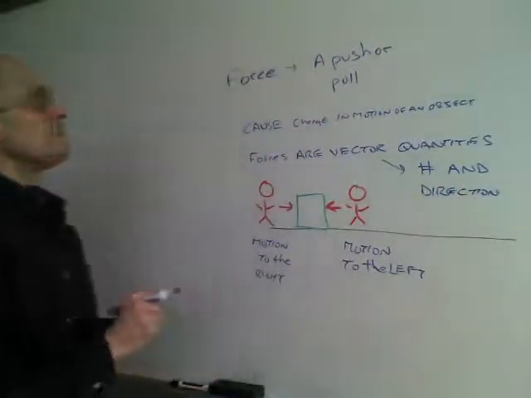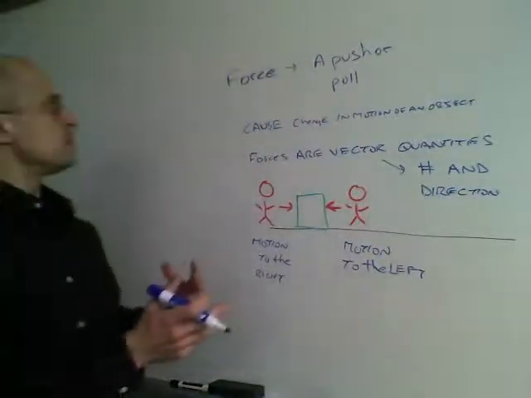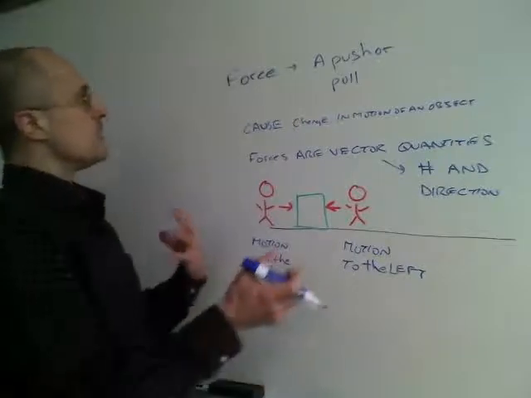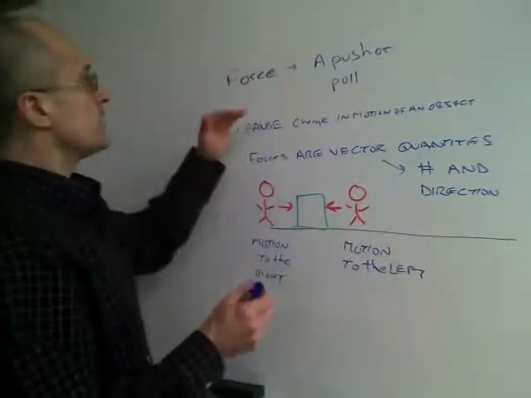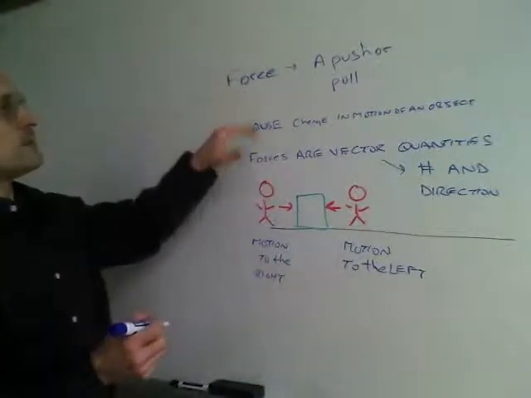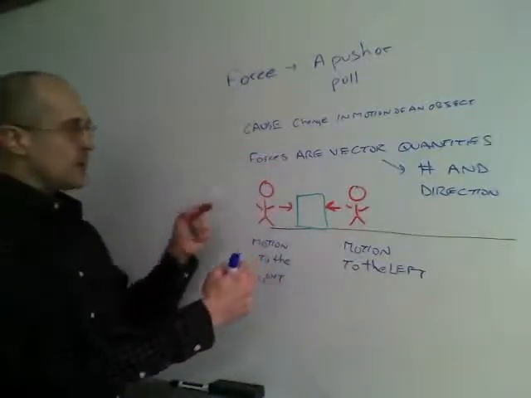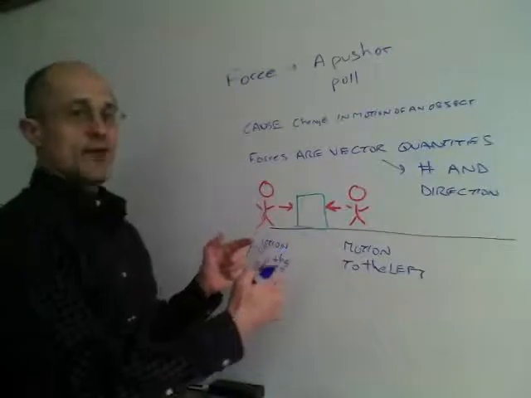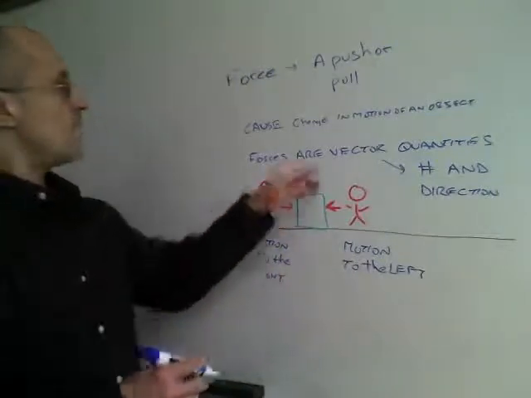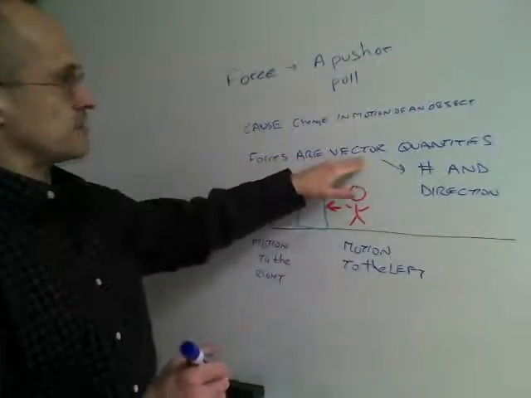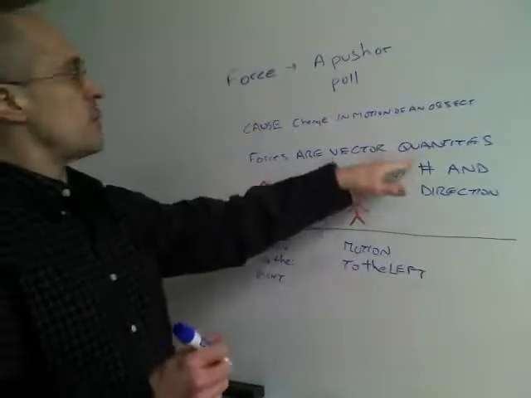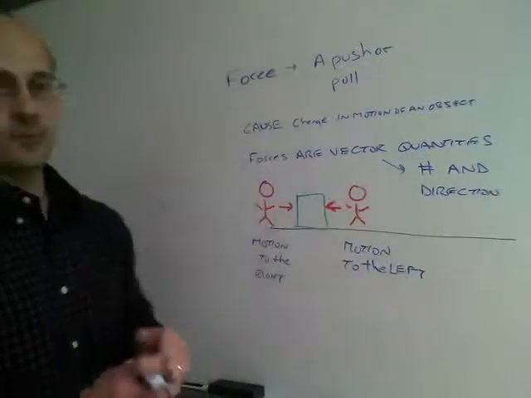When we think of a force, it's like a push or a pull with a number, and when you push right or left, it makes a difference in which way the object moves. So forces are vectors, and these vector quantities have a number and a direction.